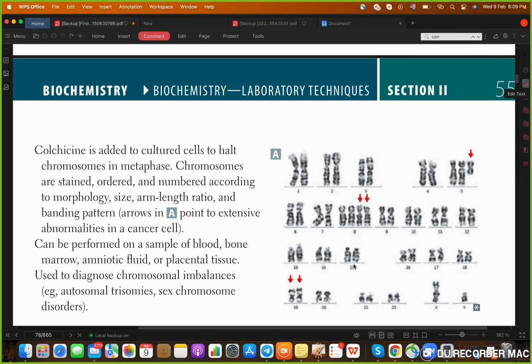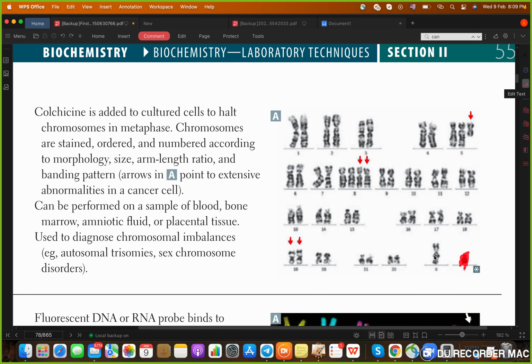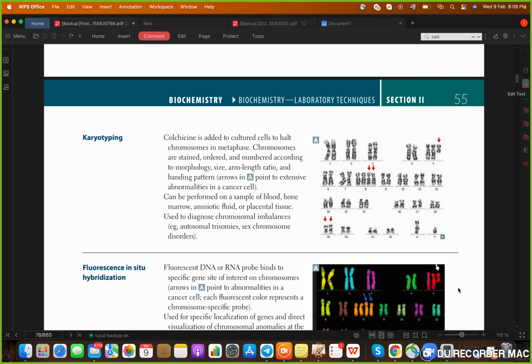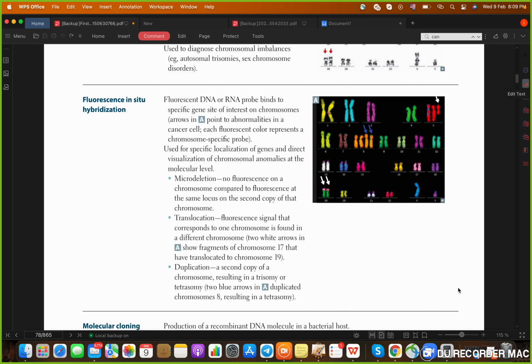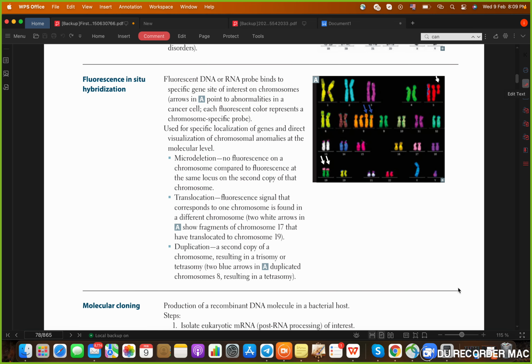This is going to be Edwards. If it's here, it's going to be trisomy 13, Patau. If there is no Y chromosome and only one X chromosome, this is 45,XO, this is Turner, okay? So karyotyping is really helpful in detecting sex chromosomal abnormalities and autosomal trisomies.